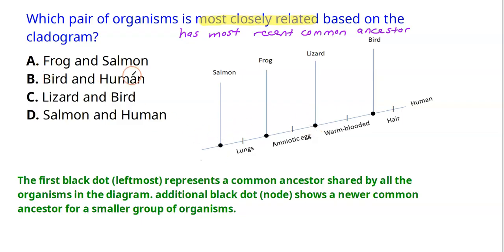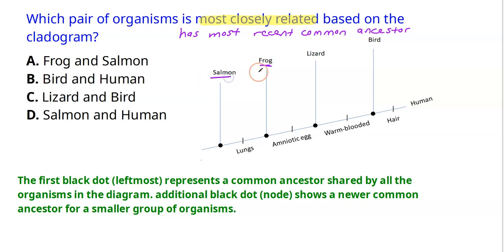So let's look at the frog and the salmon. We need to find a shared common ancestor between the frog and the salmon. And the way you do that is you trace backwards from both organisms and look for the first black dot or black node that's in common to both of them. So let's look at the frog and the salmon.